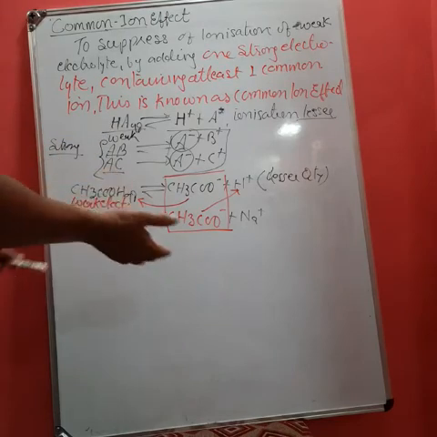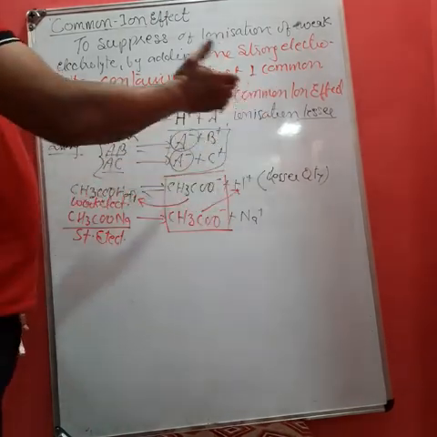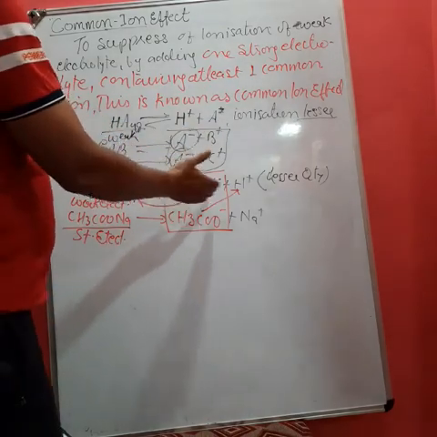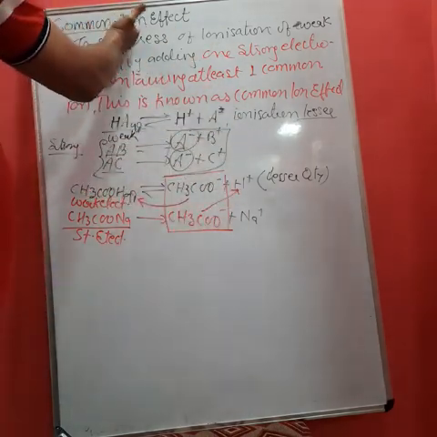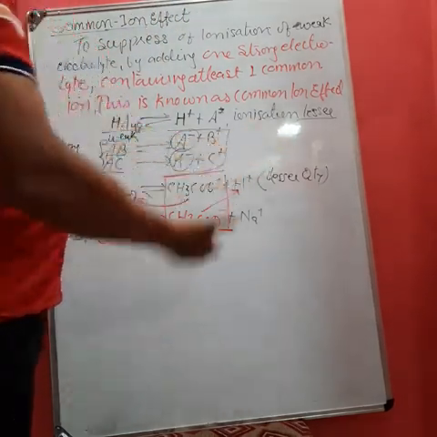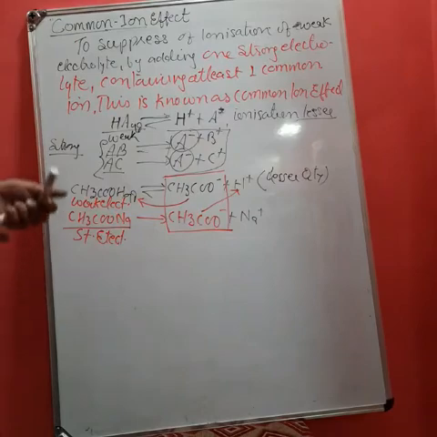That is, its ionization will further decrease. This concept is known as common ion effect, because a very small quantity of H cation will be available there.